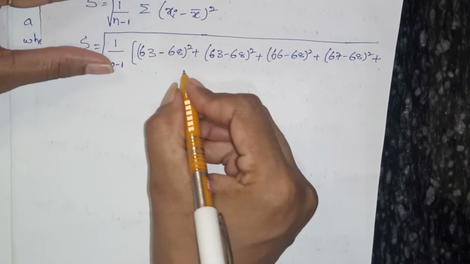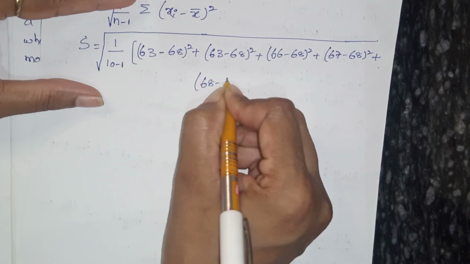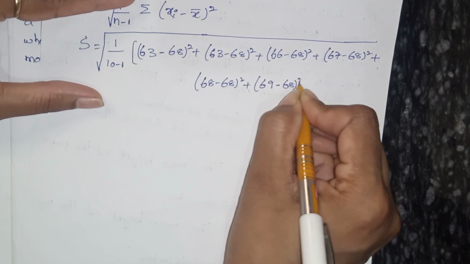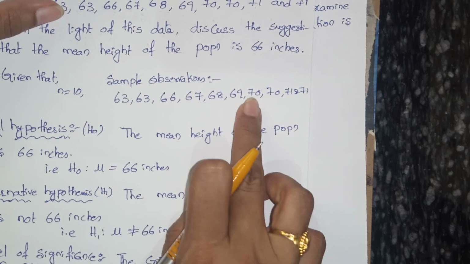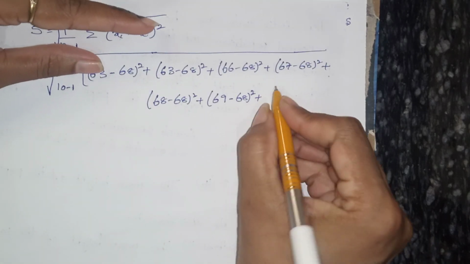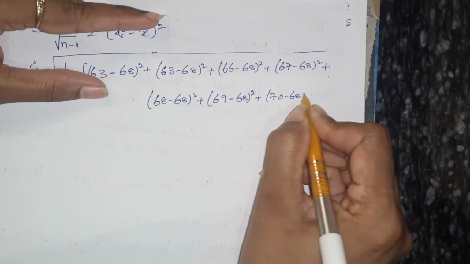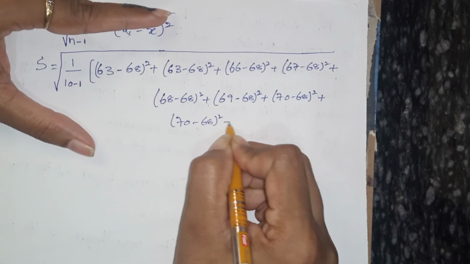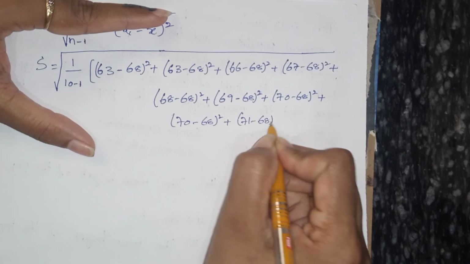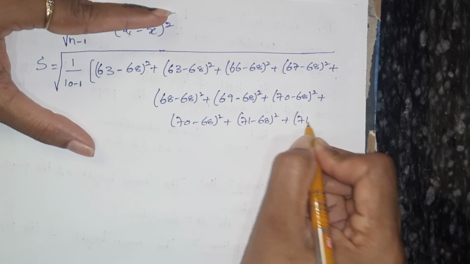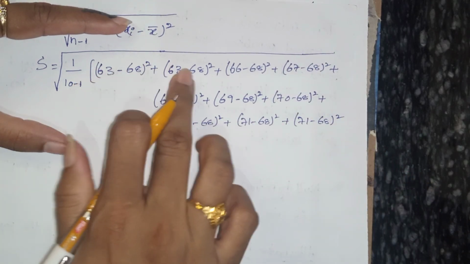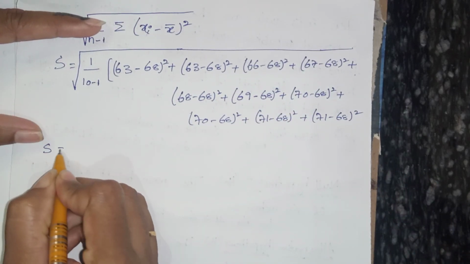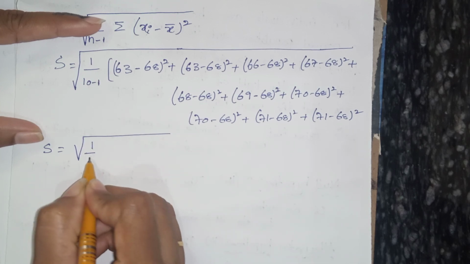So 68 minus 68 whole square plus 69 minus 68 whole square plus here 270s, 271s we are having. So 70 minus 68 whole square plus 70 minus 68 whole square plus 71 minus 68 whole square plus 71 minus 68 whole square. So we'll count 1, 2, 3, 4, 5, 6, 7, 8, 9, 10. 10 observations we got. So s equals to square root of 1 by 9.